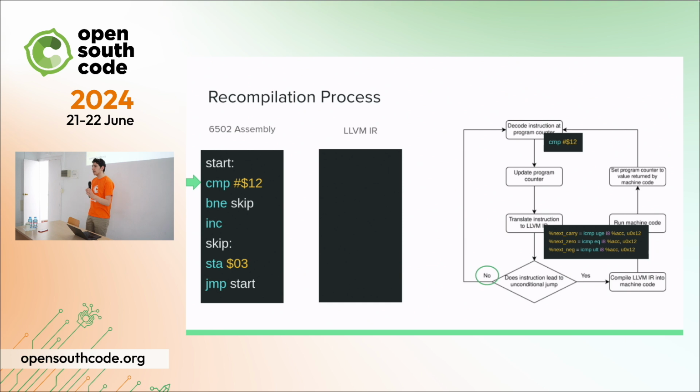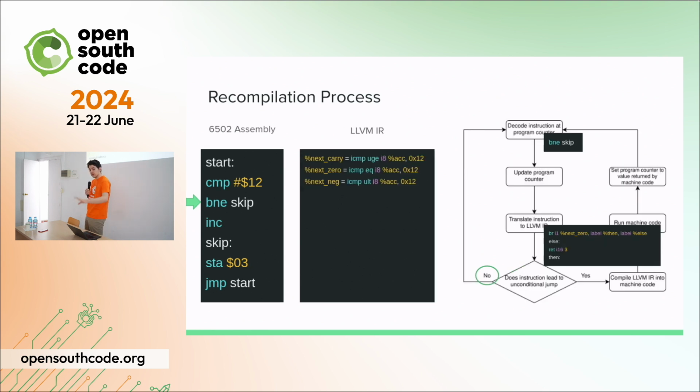We translate the compare instruction into LLVM IR, which is essentially just 3 LLVM IR instructions. So it's 3 comparisons: one for equality, one for less than, and another for greater than or equal. And since none of those instructions are a jump, we just write this LLVM IR into our LLVM IR buffer and continue decoding the next instruction.